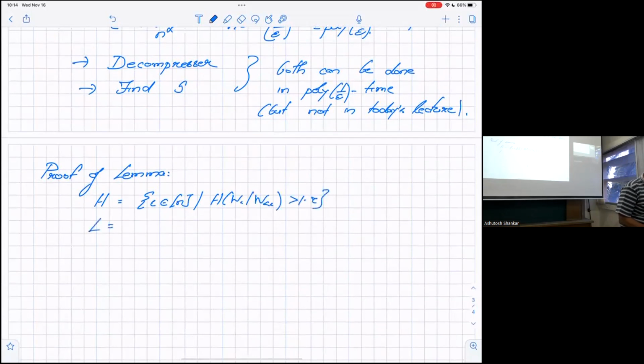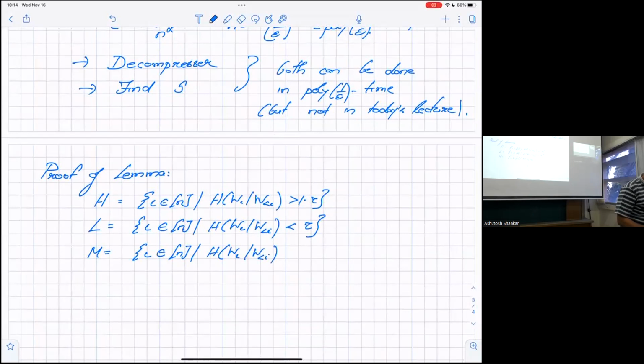The low entropy bits, where it is less than tau, and the middle bits, between tau and 1 minus tau.